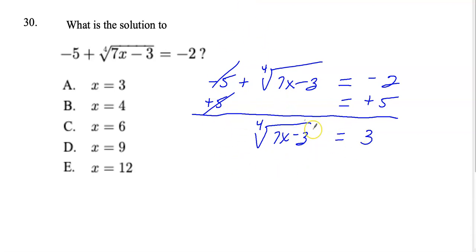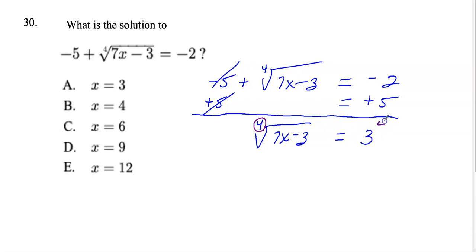Now, I'm going to show you a little trick. This 4th root right here, I want to get rid of this radical symbol right here. This is called a radical symbol and the 4. So here's a little trick. You can just take this 4 right here and turn it into an exponent with the 3.